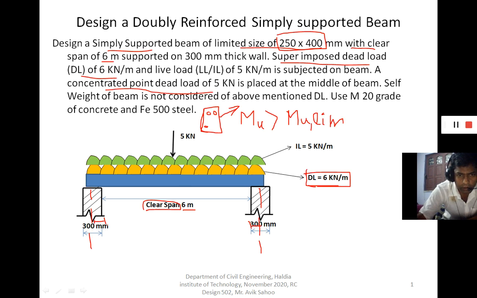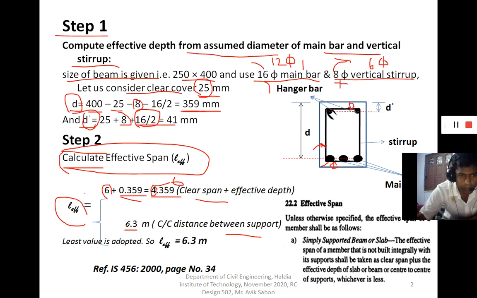So center to center distance is how much? 6 plus 0.15 plus 0.15 means 6.3 meter. So least value, as per code, least value is considered, so that is 6.3 meter. So here center to center distance is the least value. So the least value we consider for effective span.